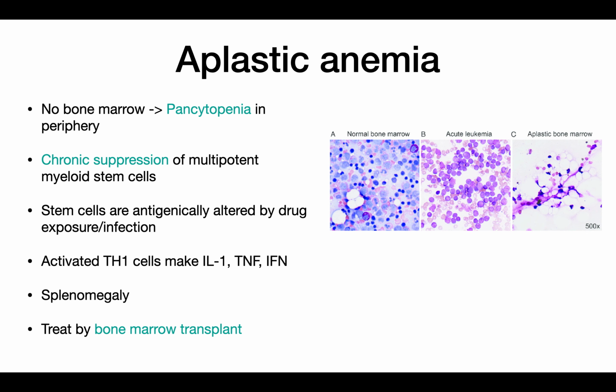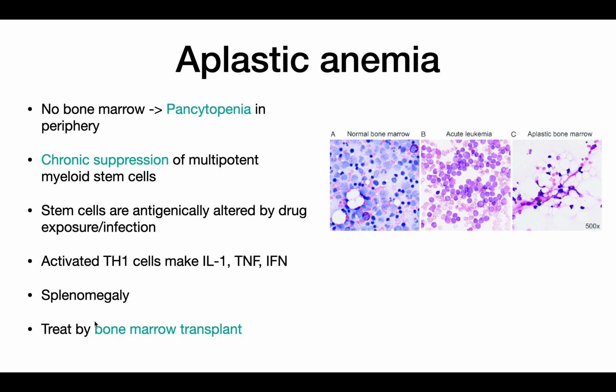If it's increased, it would be in the form of methylmalonic acid. Okay, so in aplastic anemia, there is pancytopenia. It's a chronic suppression of the multipotent myeloid stem cells, so it's going to be a decrease in all of the myeloid lineages. The stem cells are going to be antigenically altered by drug exposure or infection, and the activated T helper cells are going to make interleukin 1, TNF, and interferon.